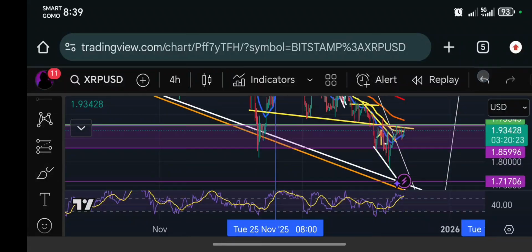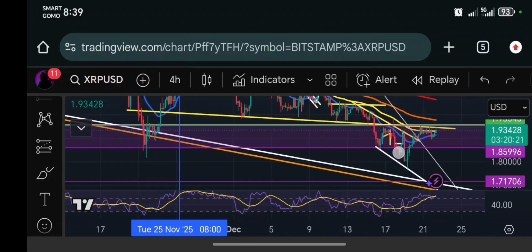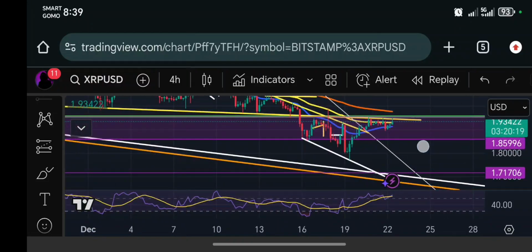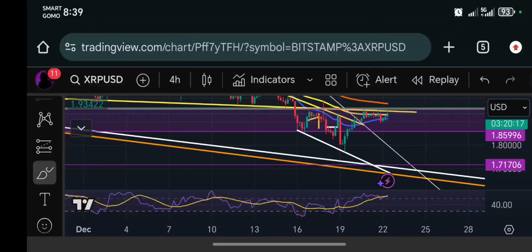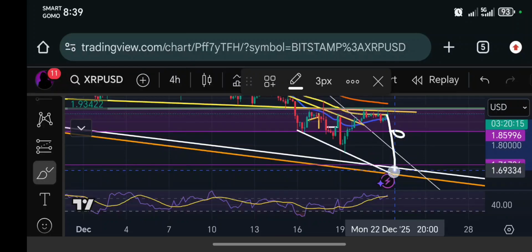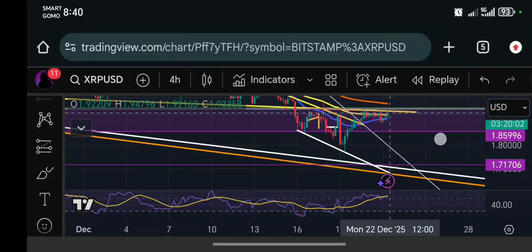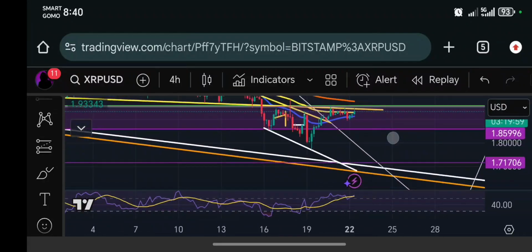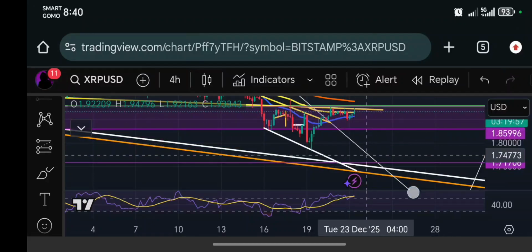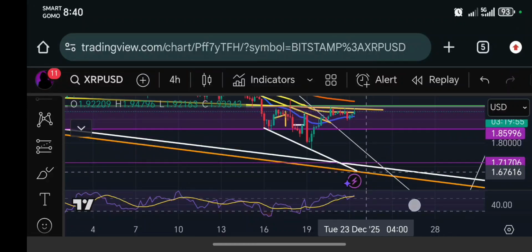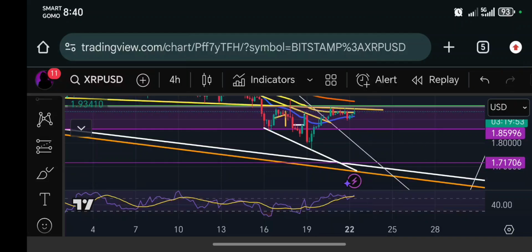As you can see, it keeps on getting rejected, and if we can't hold this line, then we're going all the way down to this level, the 1.7 area. We keep on getting rejected at this trend line, so the possibility of going down here is possible.